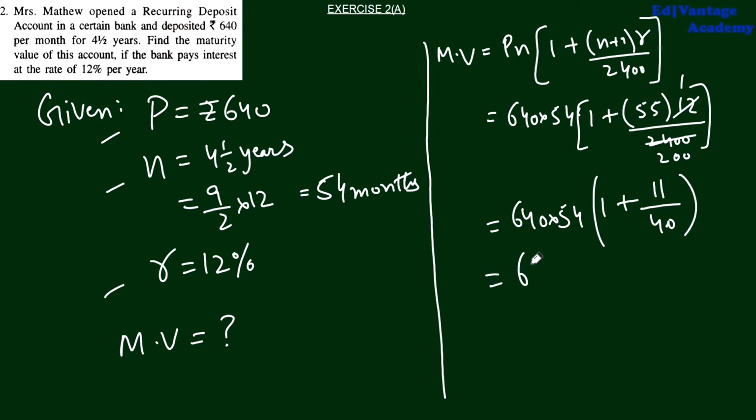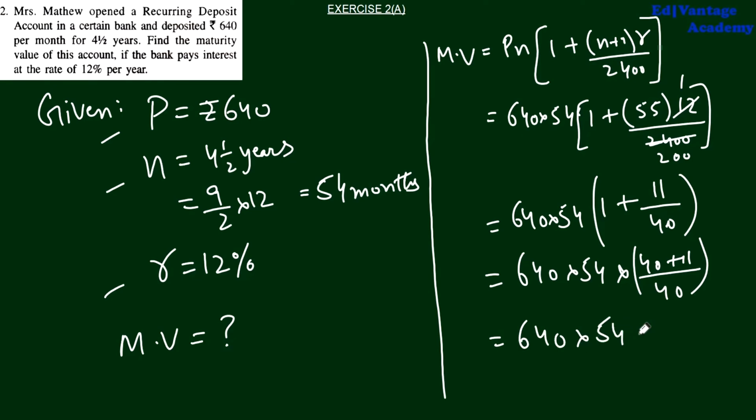Taking LCM there, 640 into 54, and the LCM will be 40, so this will be 40 plus 1 plus 11. That's 640 into 54 into 51 by 40.